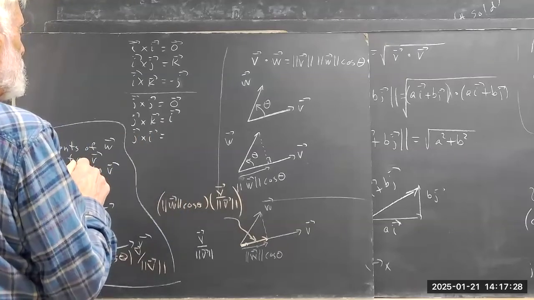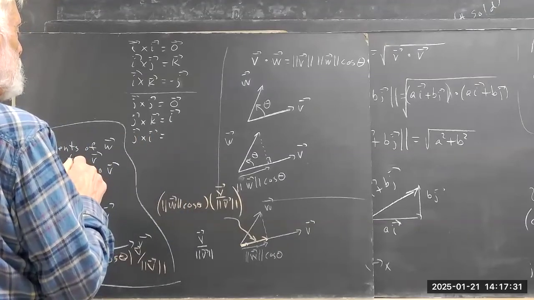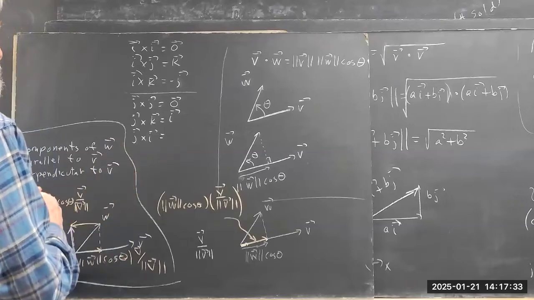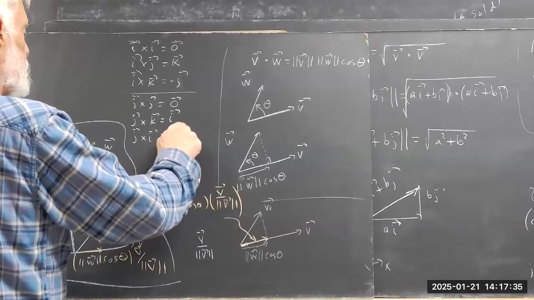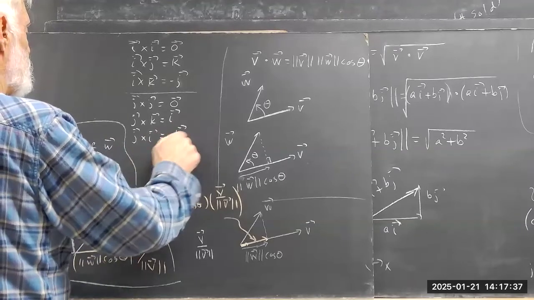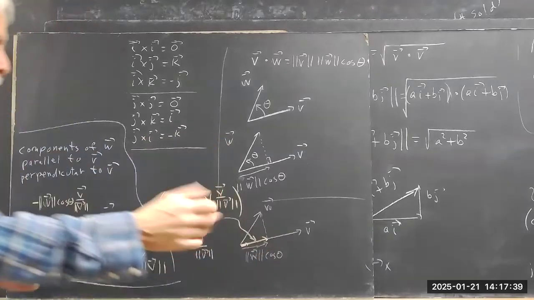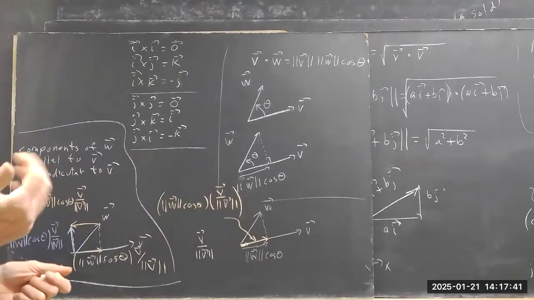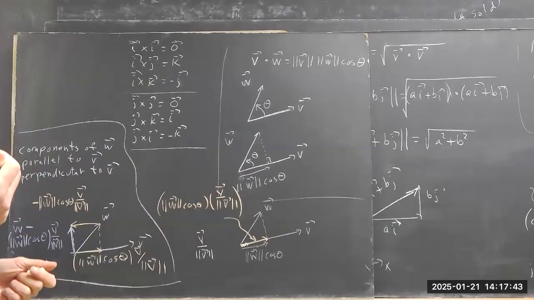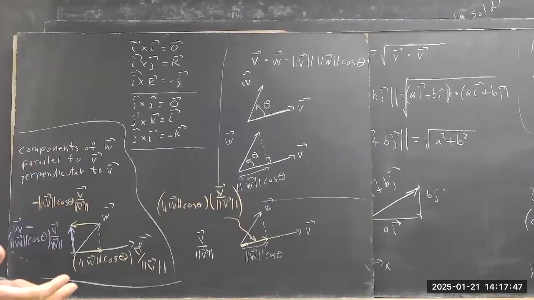Hold on. Yeah, J cross K is I. J cross I is negative K. You've got the right hand rule on this, and if you don't know the right hand rule, I'll tell you.